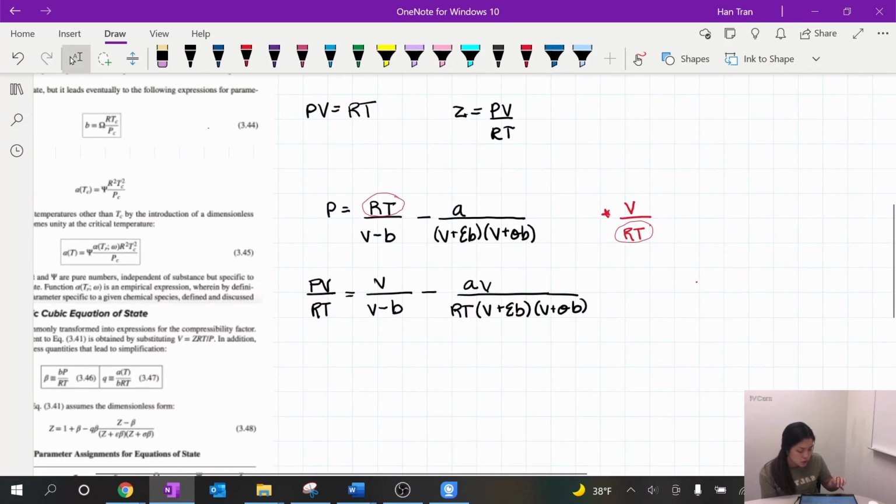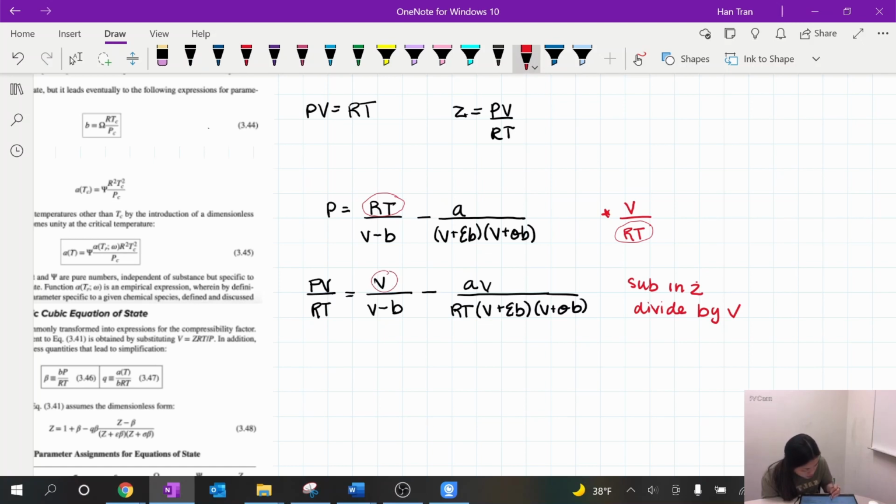So I'm going to substitute in Z, the compressibility factor, and then I'm also going to divide by this specific volume. What I essentially am aiming to do is to get rid of the specific volumes.